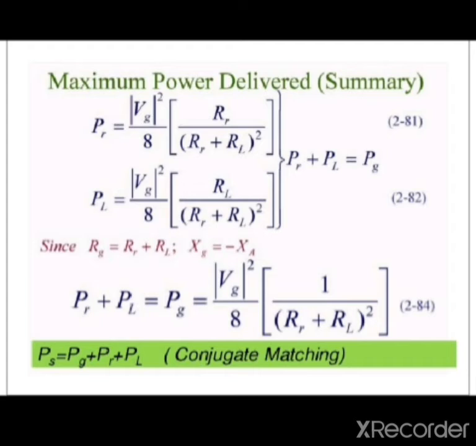Similarly the power loss is Vg square by 8 into RL by (RR plus RL) whole square, and together they equal the total power. So the generator resistance equals the radiation resistance plus loss resistance, and the generator impedance equals the complex conjugate of the load.